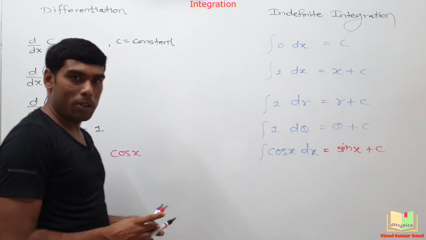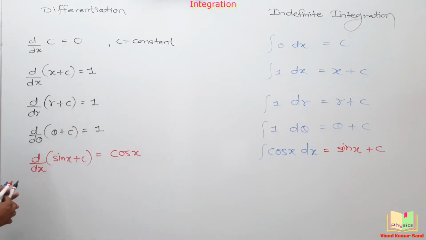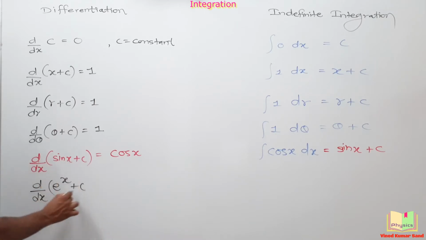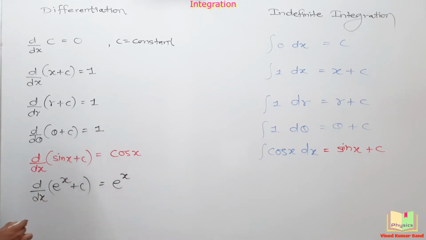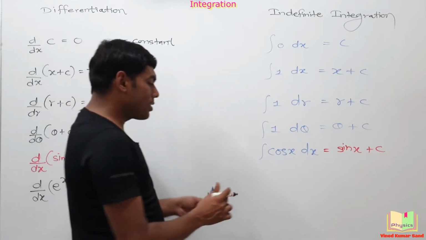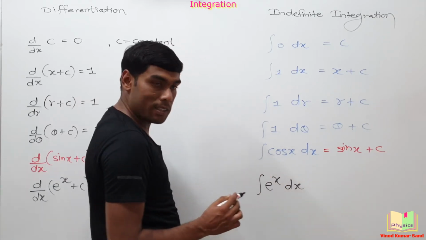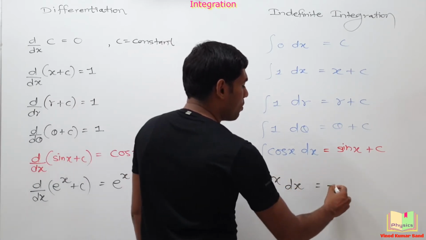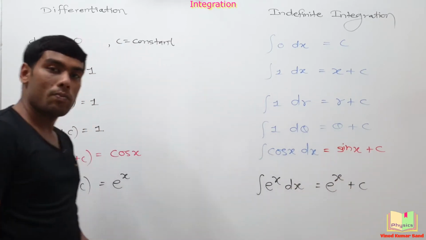Pretty interesting operation. You can relate them very well. Suppose we differentiate e to power x plus c. You know the answer. It will be e to power x. Now, if you integrate this e to power x with respect to the variable x, then your answer will be e to power x plus c.